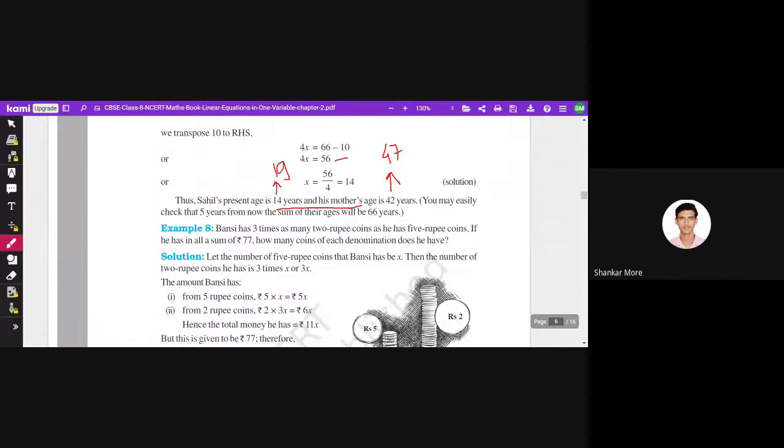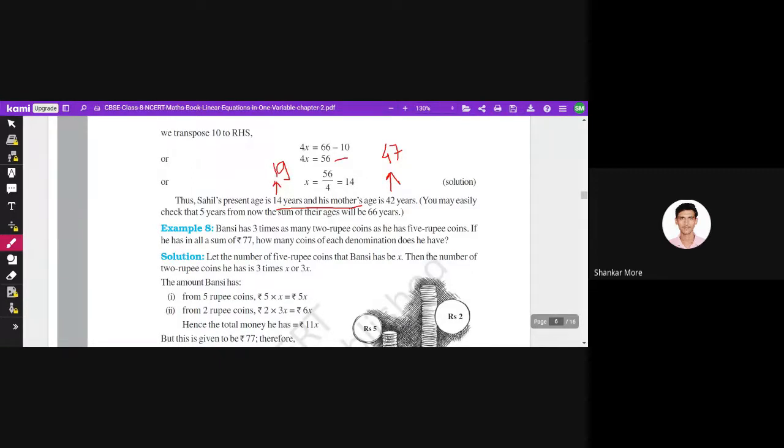नाउ अगर बंसी के पास x नंबर ऑफ 5 रुपी कॉइन्स है, देन how many number of 2 rupee coins will be there? 3x, right? x is a number of 5 rupees coins, then 3x is going to be number of 2 rupee coins.